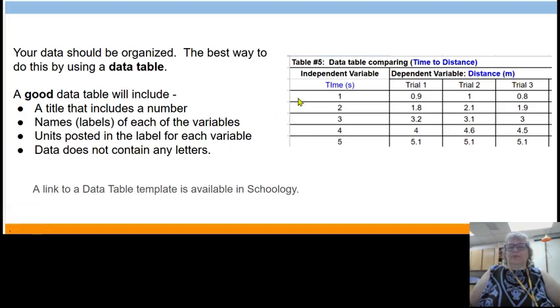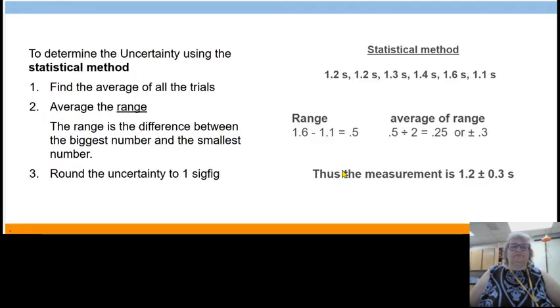You only have to put them in the label, not in the actual measurements. Make sure that your data does not contain any letters. And there is a link to a data table template if you want to use that.